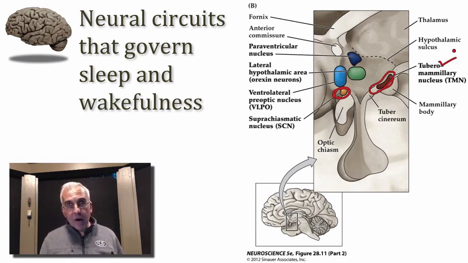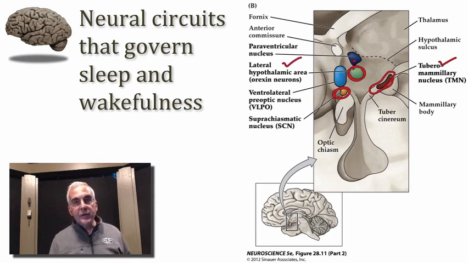Now, our orexin neurons are those that are producing this peptide that are involved in promoting the wakeful state, and the orexin neurons are found in the lateral part of the hypothalamus, so just a little bit deep to the wall there of the third ventricle.